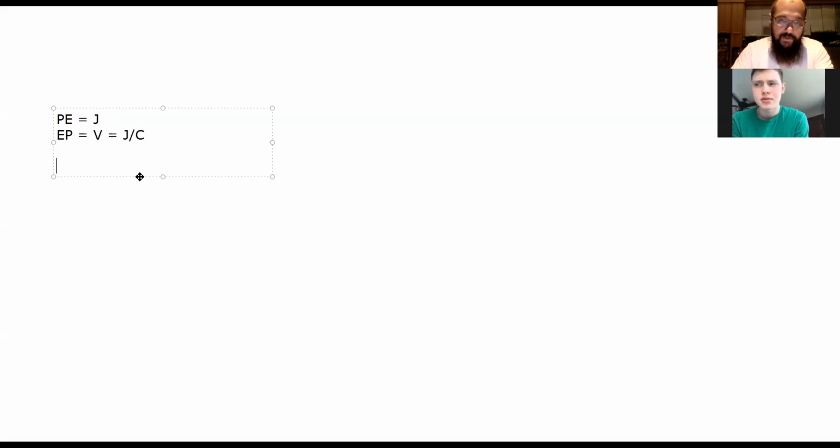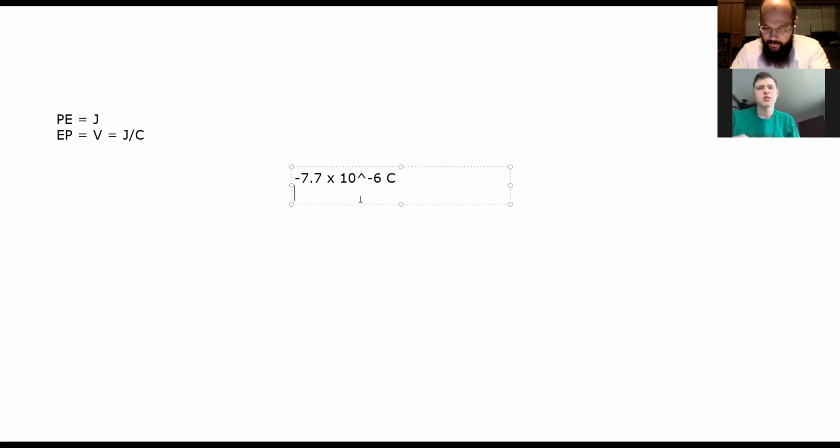Let's do the first question, where you have minus 7.7 microcoulomb, which is times 10 to the negative 6 coulombs.